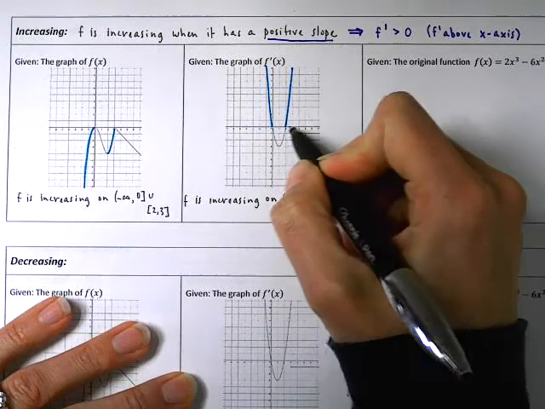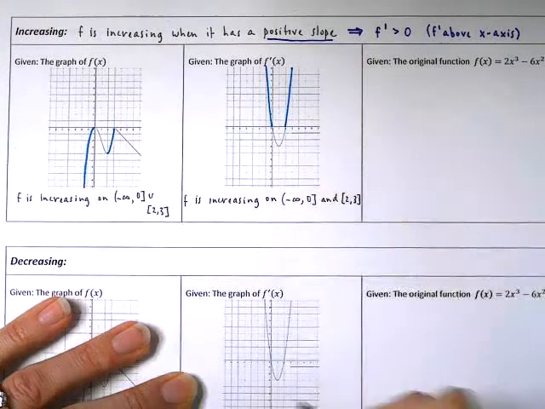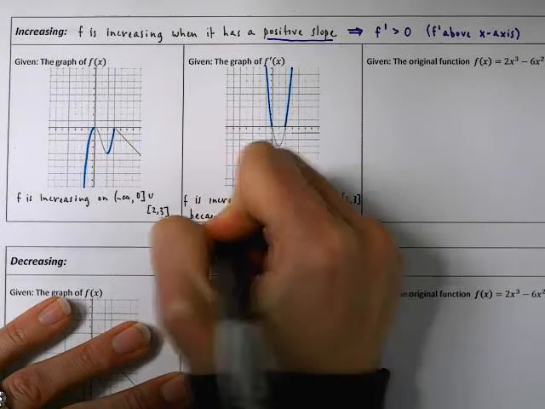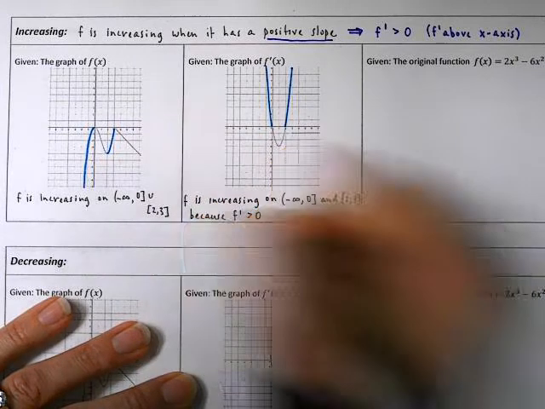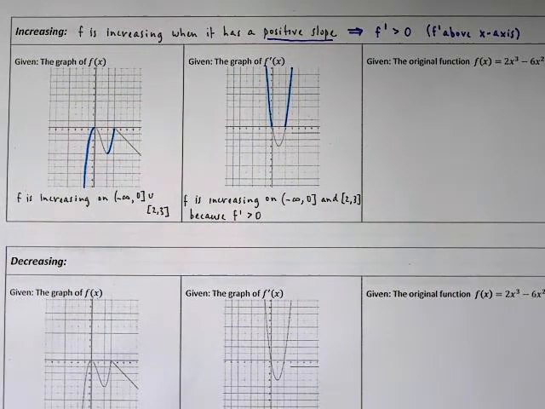And it still looks like between 2 and 3. And now to justify that, I would say because f prime is greater than 0. That's how I justify that I'm increasing on those intervals.